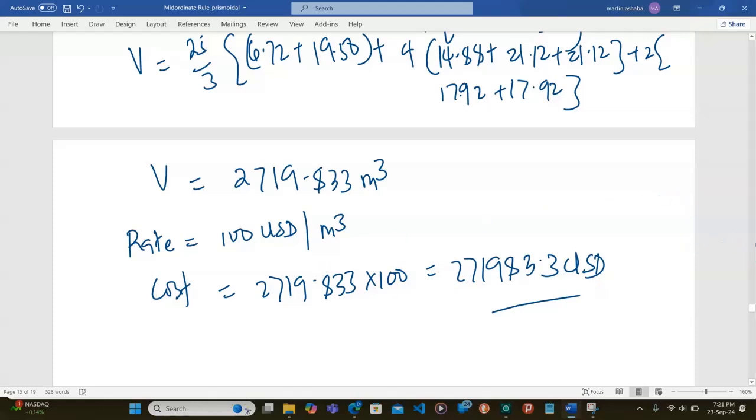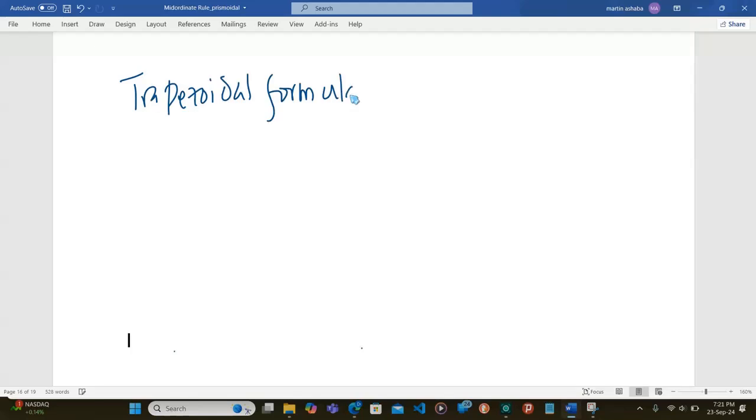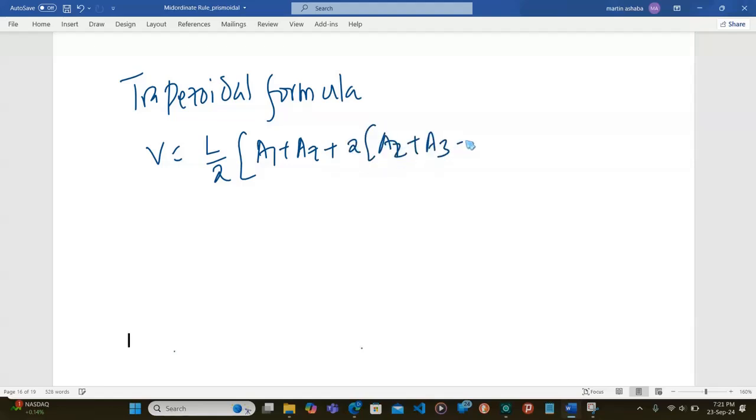Let's look at the trapezoidal formula. The trapezoidal formula says that volume will always be L over 2 into A1 plus A7, plus 2 into A2 plus A3 plus A4 plus A5 plus A6.